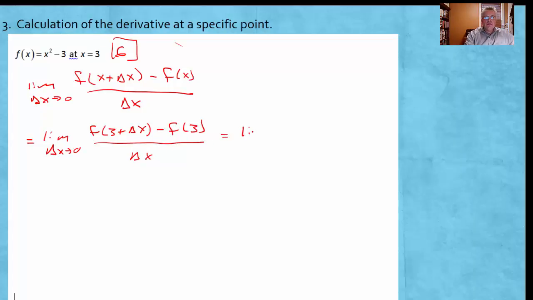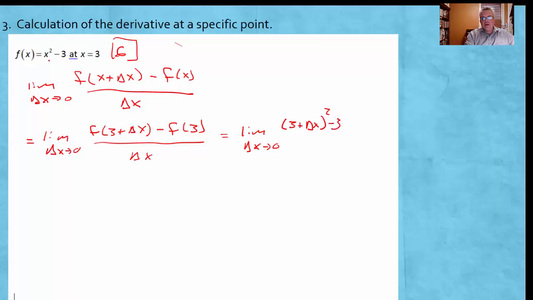Okay, so I'm going to keep writing the limit until I actually take it. This is the limit as delta x approaches 0. If I put 3 plus delta x into the function, it would be 3 plus delta x squared minus 3.